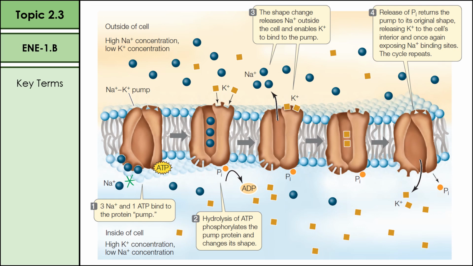So it binds with our protein pump with the addition of some energy, allowing us to push our sodium through, and pushing our sodium through allows us to push some of our potassium into the cell. Now notice that our potassium is going from an area of low concentration to an area of high concentration. So in order for this to happen, we have to have energy. Our cell cannot do it alone.